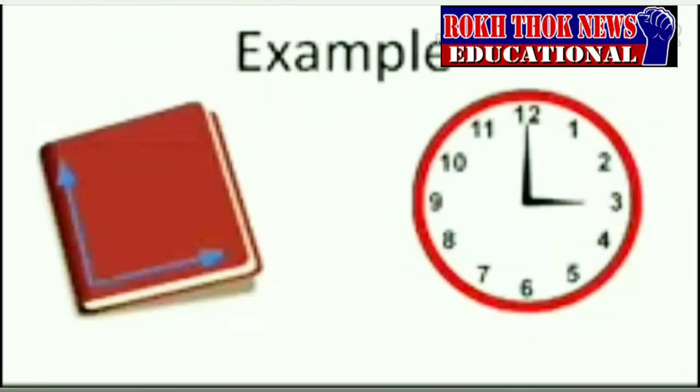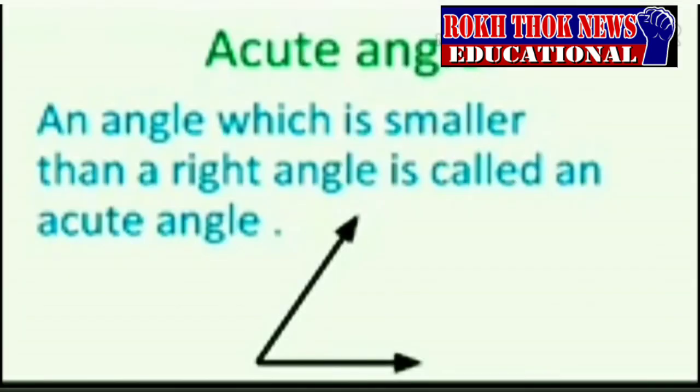Now see children, this is an example of a right angle. If you see the book, you can see the arrow marks. That is a right angle. In this second picture also the clock is showing a right angle. Now next is the acute angle. An angle which is smaller than a right angle is called an acute angle.